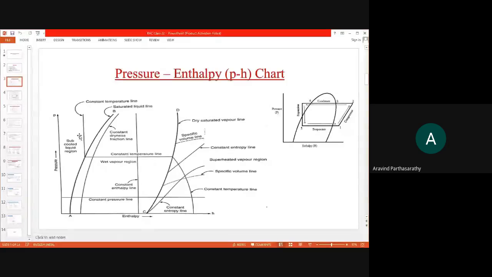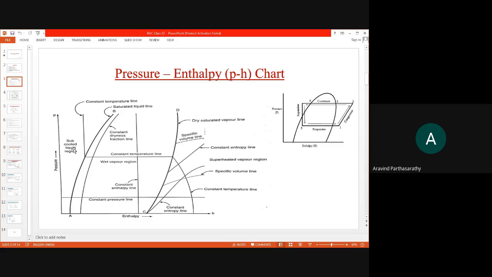On the left side you can see there is a subcooled liquid region, in the middle there is a wet vapor region, and on the outer side, after the point CD, there is a superheated vapor region. In a state of matter, an object can be in a phase change, like liquid, solid, or gas.